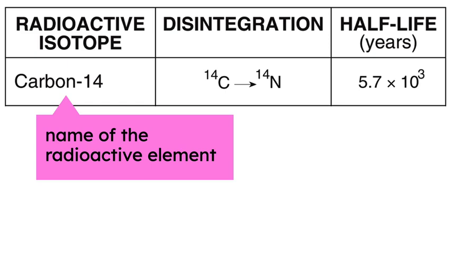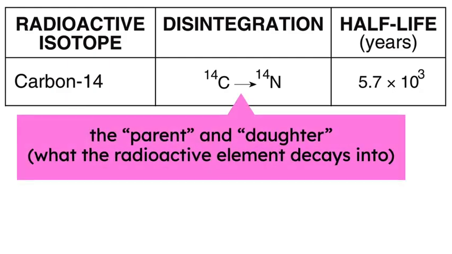The first column, labeled radioactive isotope, is where you'll see the name of the radioactive element itself. The second column, labeled disintegration, shows the parent isotope, which in this case is carbon-14 or C14, and the daughter, which is what it will decay into or what it will turn into over time. And in this case, carbon-14 decays into nitrogen-14.